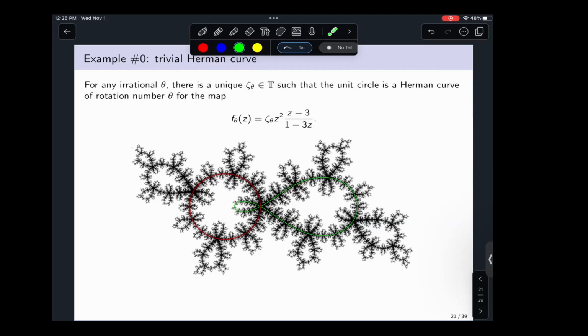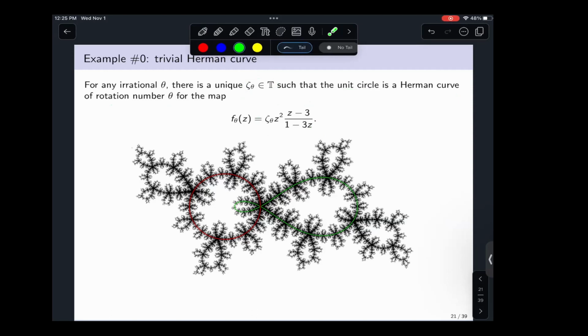So it leaves the unit circle invariant. And actually here, I defined it so that the unit circle is a Herman curve of the correct rotation number theta that I choose. And the picture of the Julia set is the following.